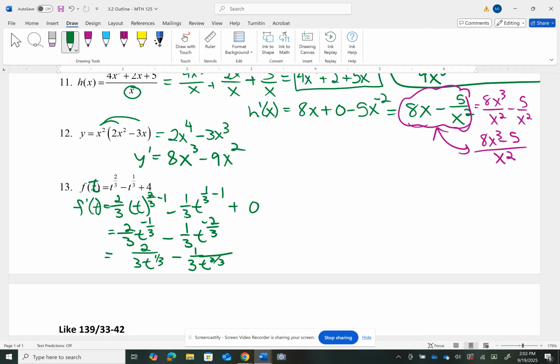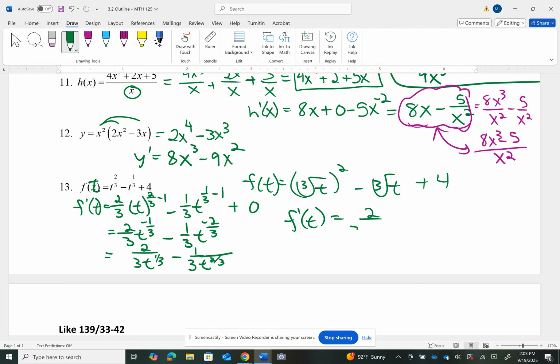But in reality, that original expression was actually the same as the cube root of t squared minus the cube root of t plus 4. Okay, that's what the original expression really was. And what the derivative might look like if you put the radicals back in would have been 2 over 3 cube root of t minus 1 over 3 cube root of t squared.